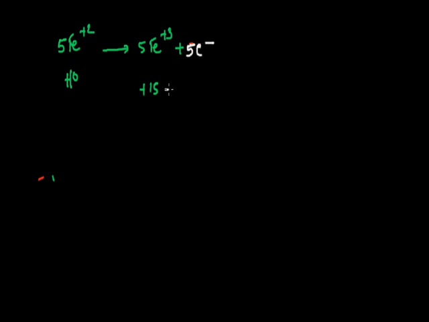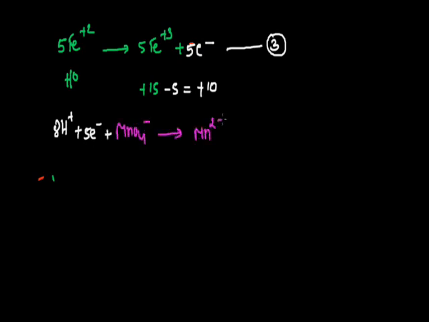Now plus 15 minus 5 becomes plus 10. That is the third reaction. The first reaction is 8H plus 5 electrons plus MnO4 negative, and after the reaction Mn plus 2 plus 4H2O, that is the first reaction.